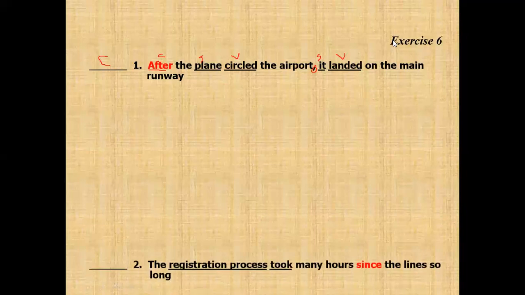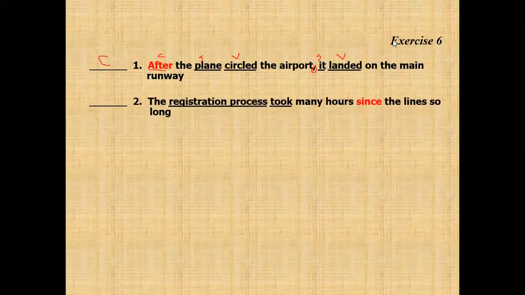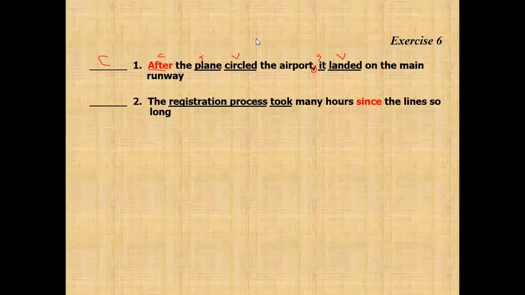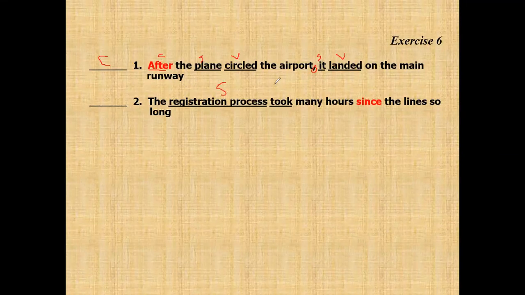Now look at another example, number 2. The registration process took many hours since the lines so long. So the formula is, registration process is the subject, took is a verb, so there must be an adverb clause connector, since, and then it should be a subject and verb again.